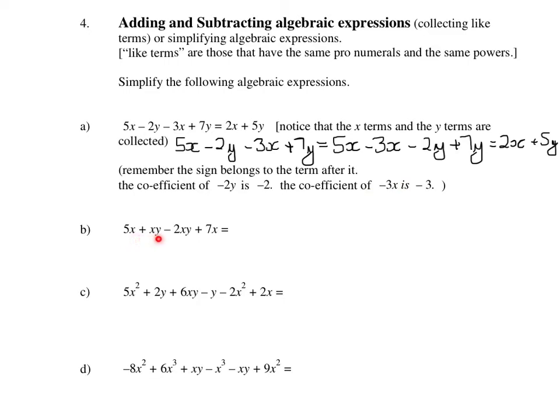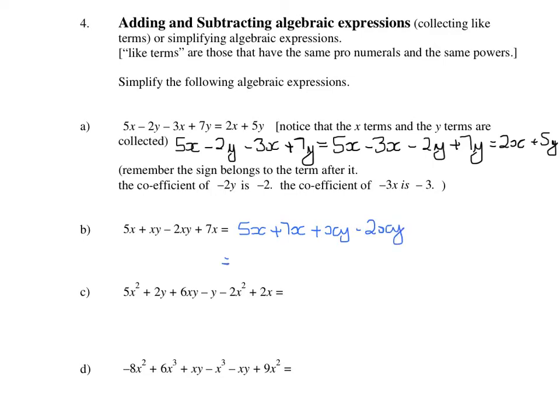5x plus xy minus 2xy plus 7x. Let's gather up the terms that are alike. We've got x terms, 5x plus 7x, so we get them close together. Then we've got xy minus 2xy.